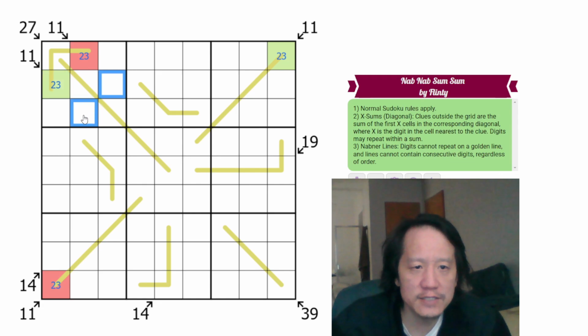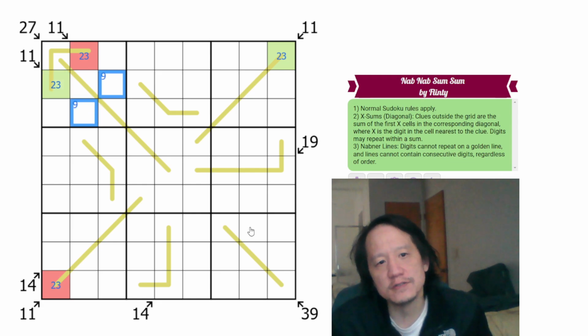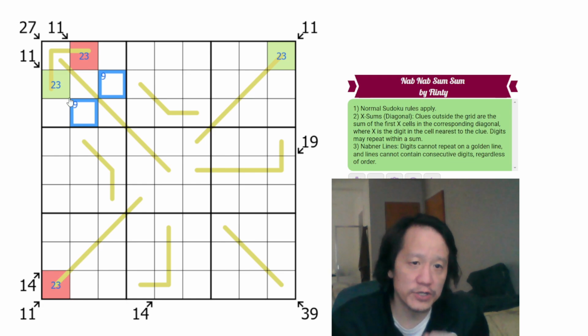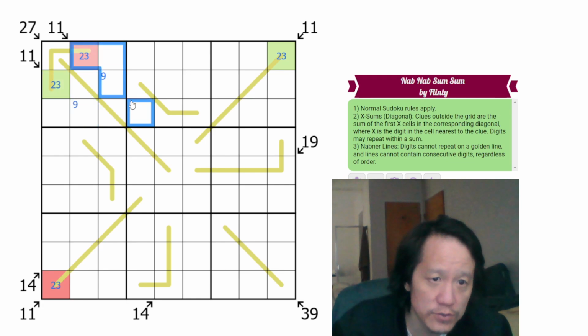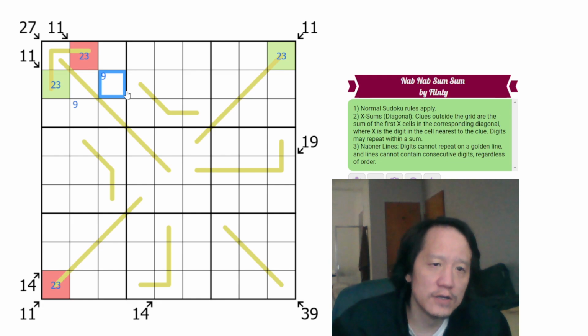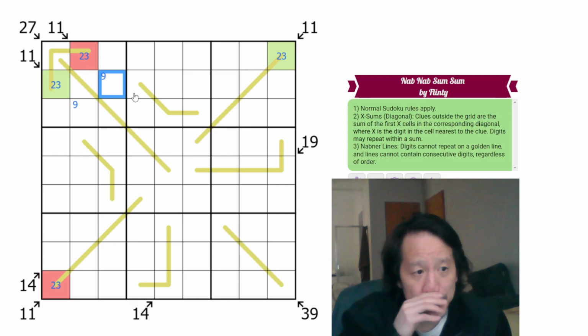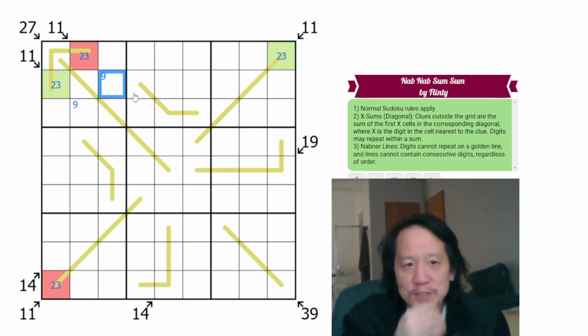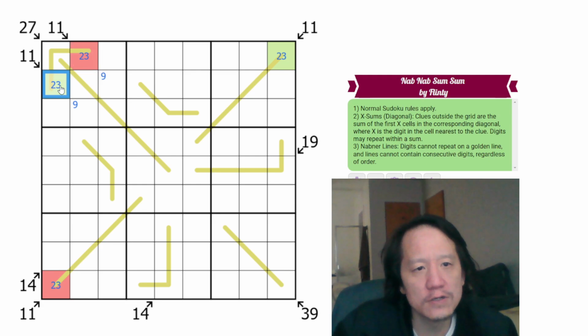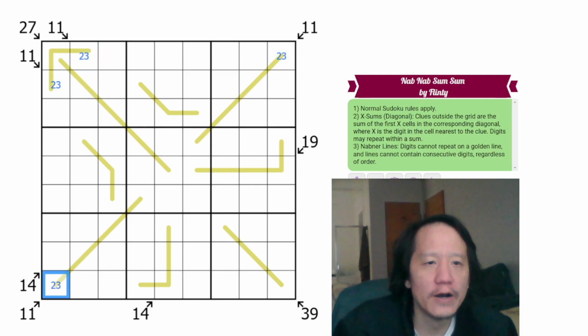The 2 has to be with a 9. So one of these is 9. We don't know which. 3 could be multiple things. Wait, no, this doesn't work. I see. Okay, so that cannot be 2 and 3 then.